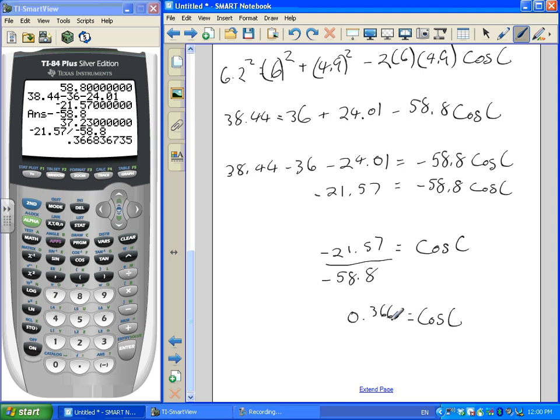Let's round it to 3 decimals. And finally, still, what am I trying to do, guys? So I need to move cos to the other side. What does cos become when it's on the other side?